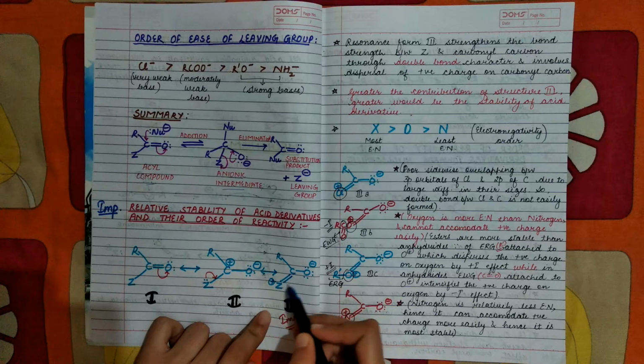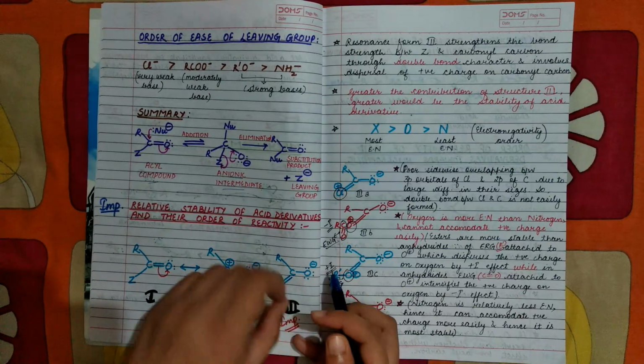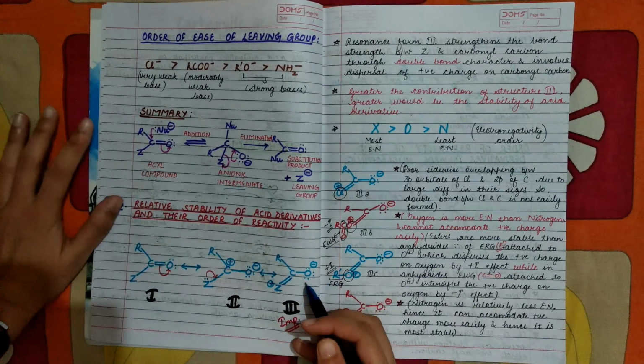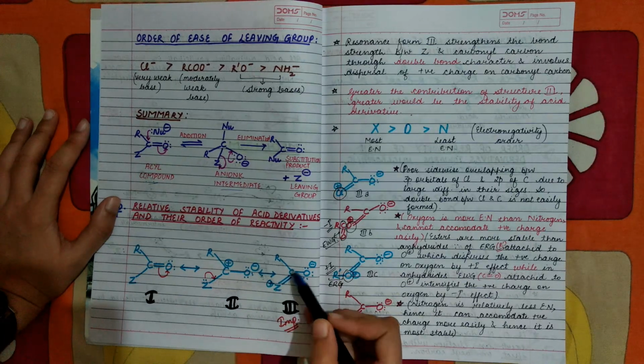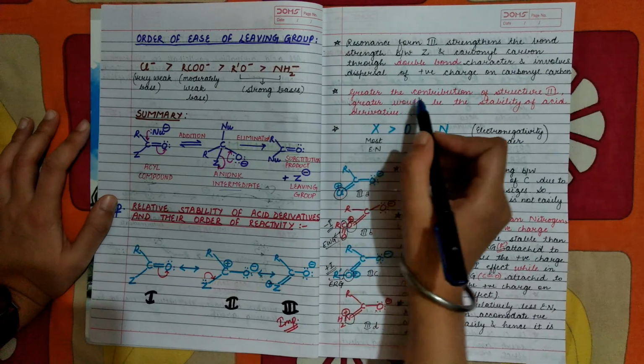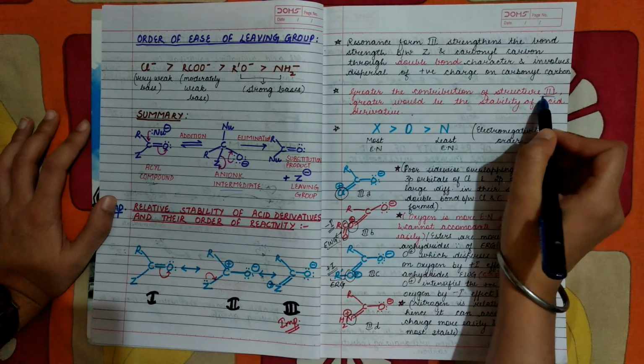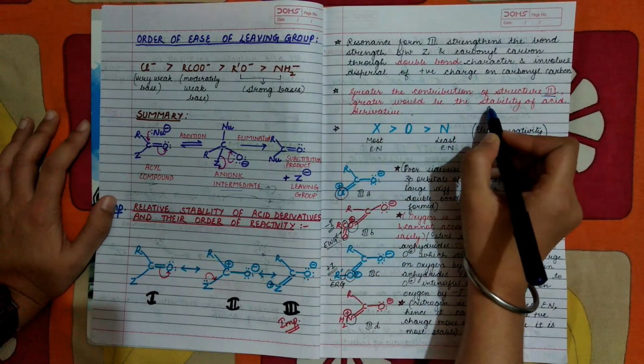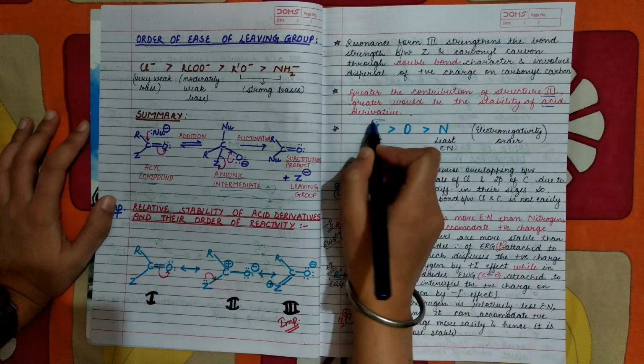So this bond is very stable. A double bond is more stable than a single bond, and hence the strength between Z and C is strengthened. The greater the contribution of structure 3, the greater would be the stability of the acid derivative.